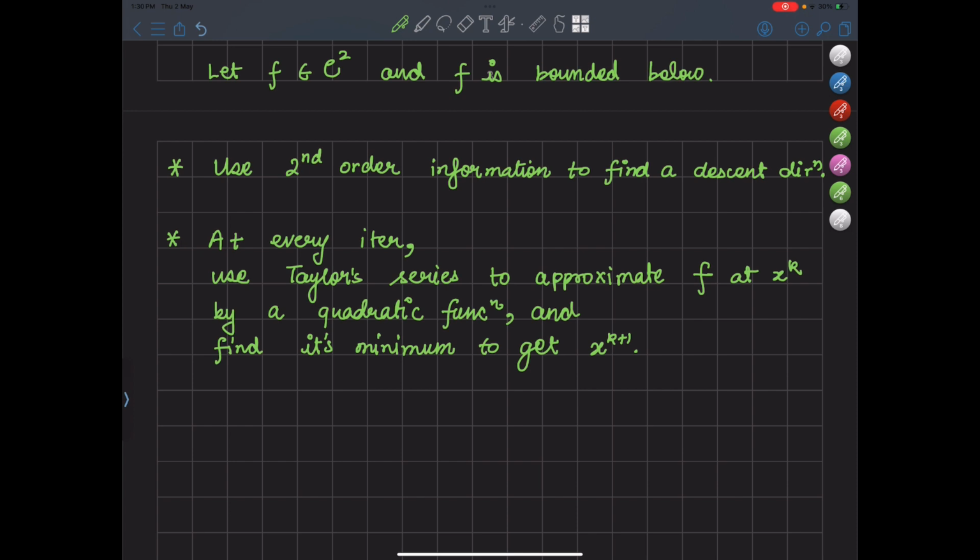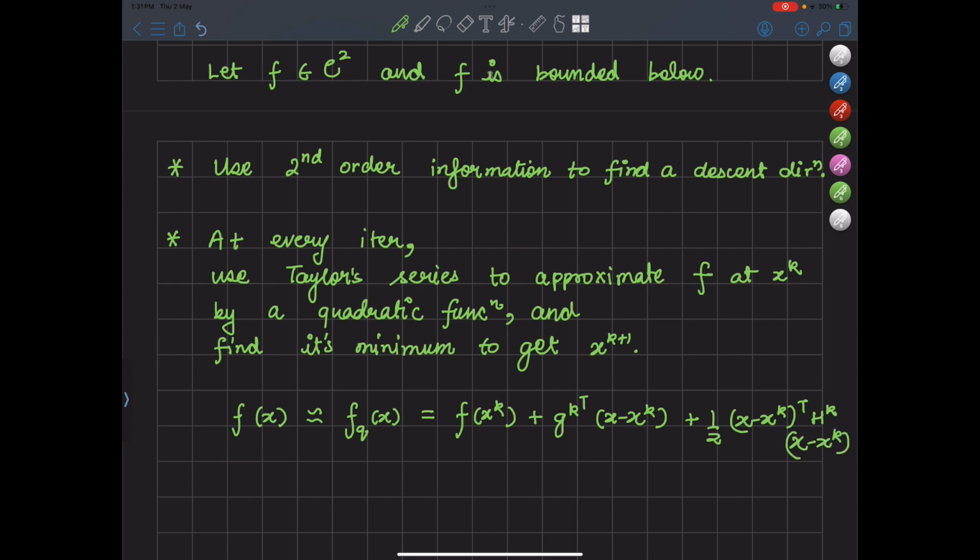All right, so what we do is we approximate f(xk) by a quadratic function fq(x), which is given by f(xk) plus gk transpose (x minus xk) plus half (x minus xk) transpose Hk (x minus xk). So this is the quadratic function approximation of f(x) around xk.